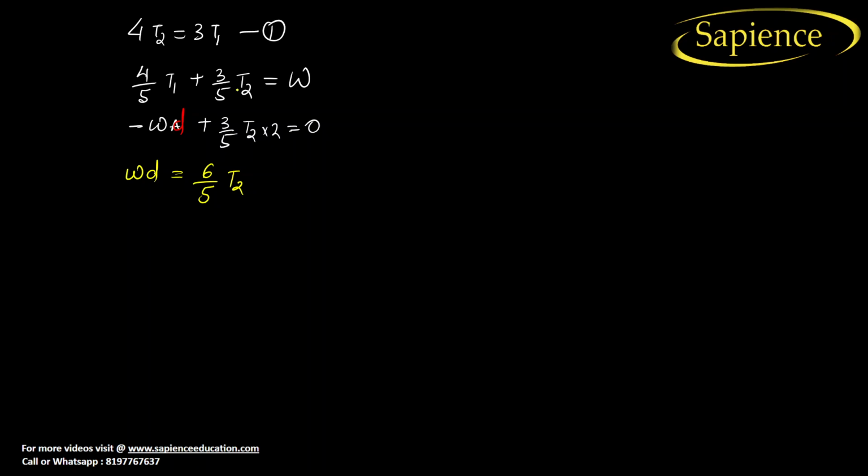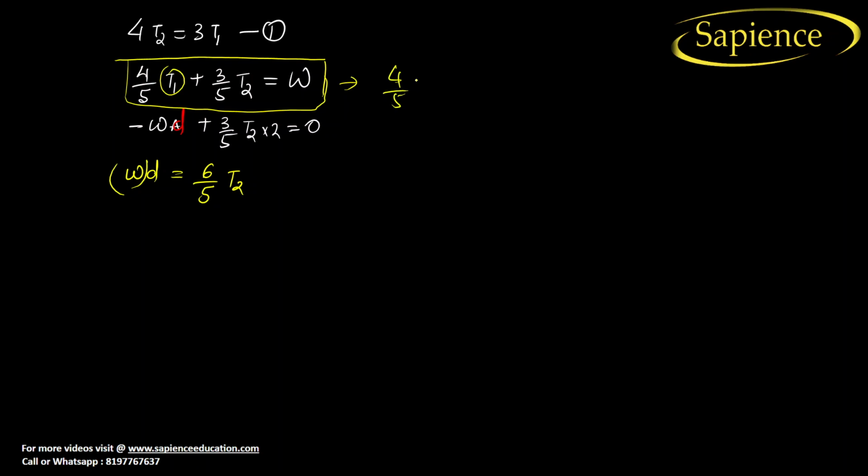Now we have to put here the value of W. This is in the form of T1 and T2. Can we replace the value of T1 and T2? In place of T1 we can write 4 by 3 T2.